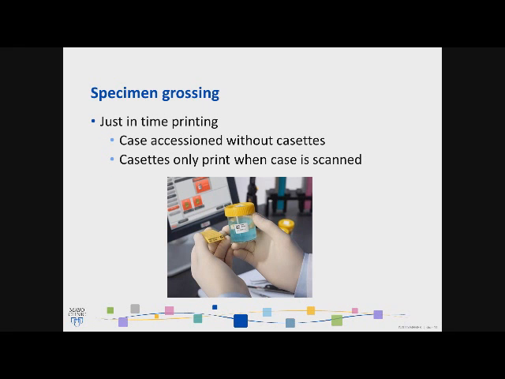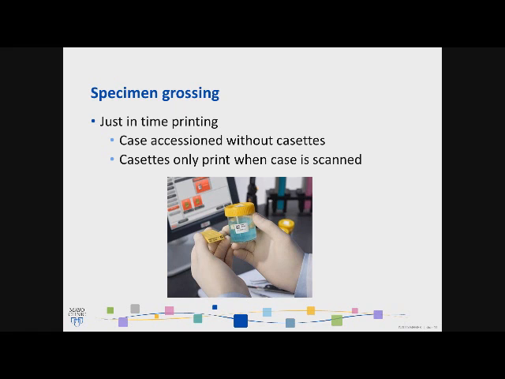Another thing that we do here at Mayo Clinic is just-in-time printing. Some of you might be familiar with this. And again, going back to my case where I mixed up the samples, I had to write on every cassette. While that is a very dated process, now all cassettes can be printed from a machine with the patient information, either the name, the accession number, date of birth, whatever patient ID you choose to put on it.